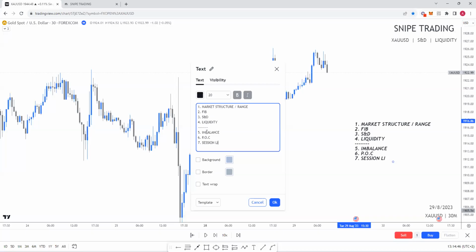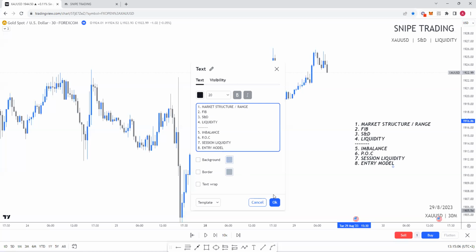Session liquidity, yes. Well done, guys. And the last one. Entry model. Well done, guys.